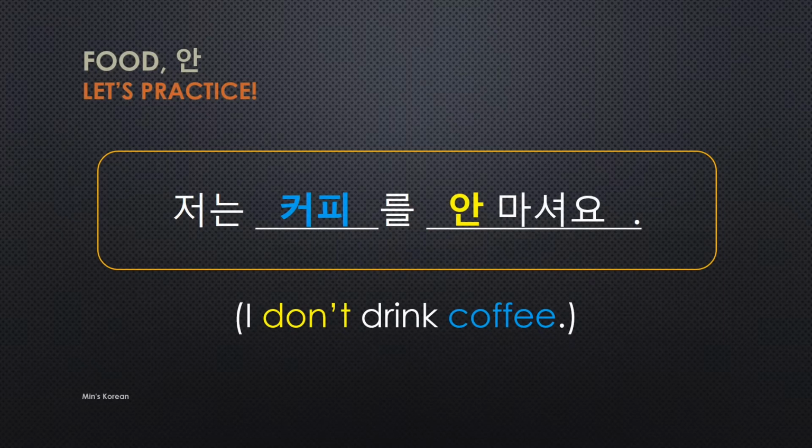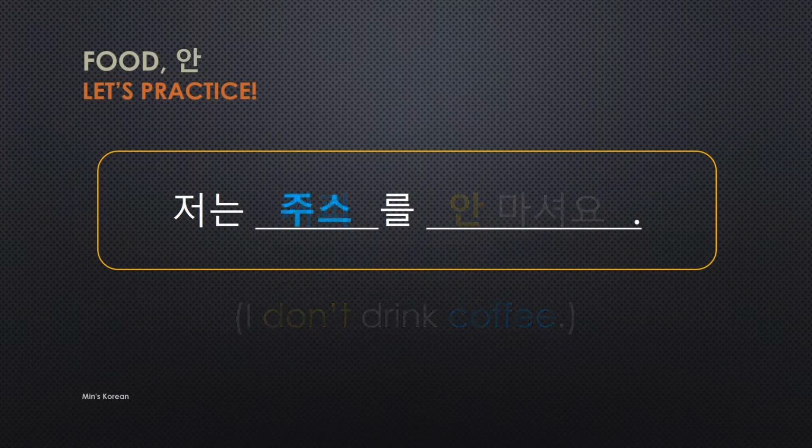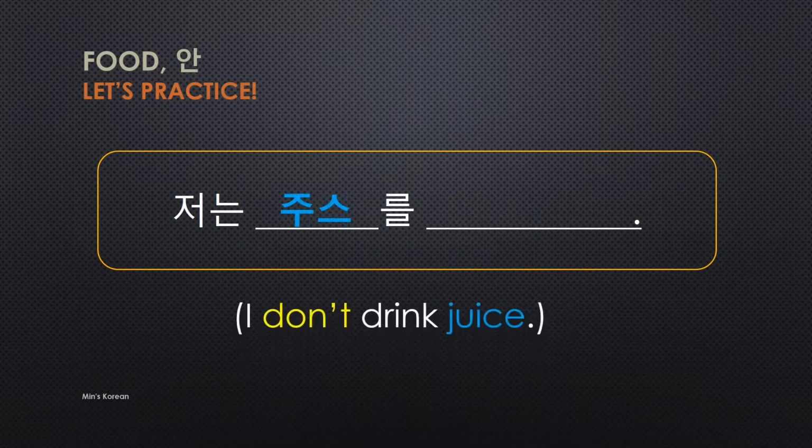So 저는 커피를 안 마셔요. 자, next one. Sentence. I don't drink juice. So juice. So I don't drink 안 마셔요. Good. So 저는 주스를 안 마셔요.